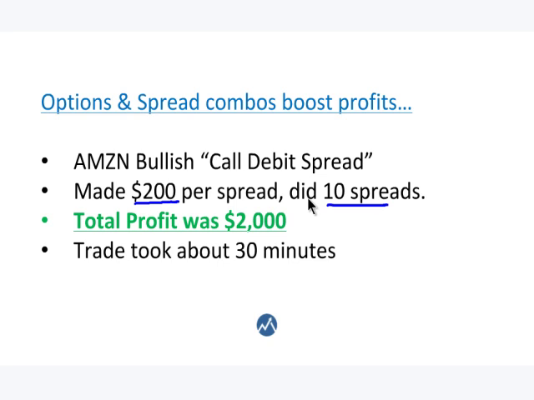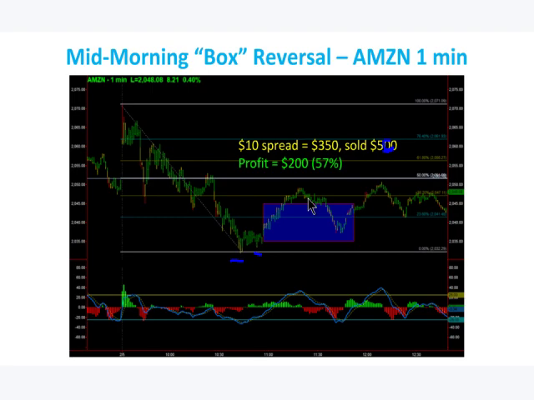Usually my default is 10 spreads, which is kind of neat because a $200 profit per spread, $2,000 in 10 minutes. That's the kind of leverage we're playing with, and Amazon does that a lot. That move right there, we were aiming for a 50% retracement. You see the Fibonacci from the high to the low. This is a 50% level, and that's where we were aiming.